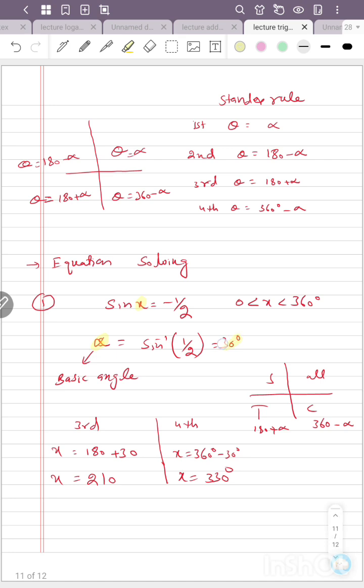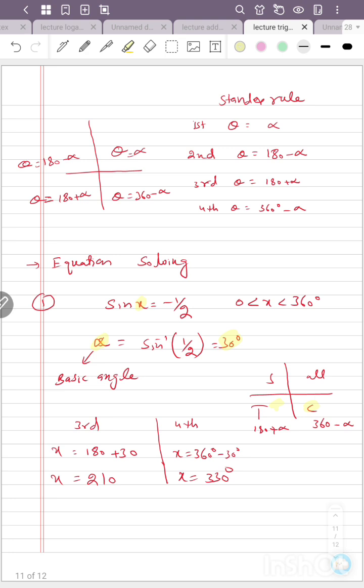We get the 30. After getting this 30 angle, we know that sine is negative in the third and fourth quadrant. In the third quadrant the formula sheet tells us 180 plus alpha. Here 180 is added to the basic angle 30 in the third quadrant, and in the fourth quadrant 360 minus 30.